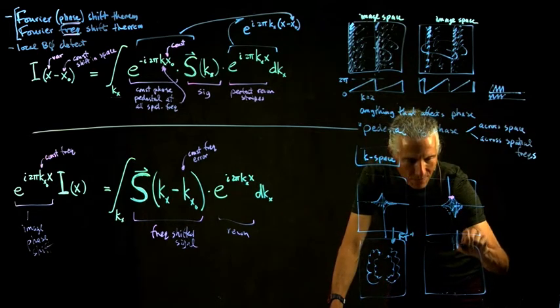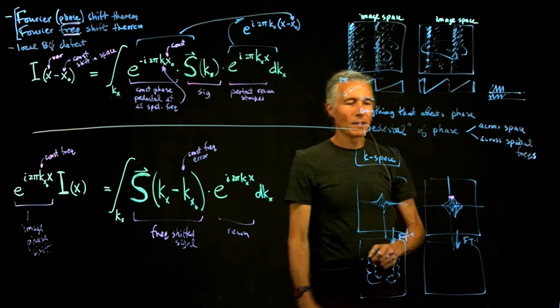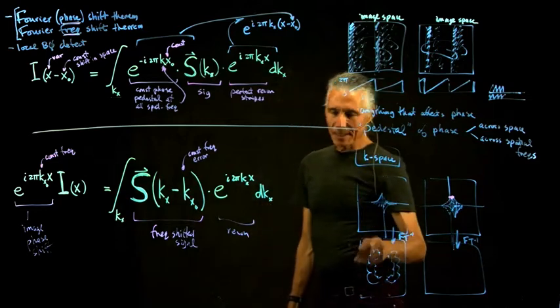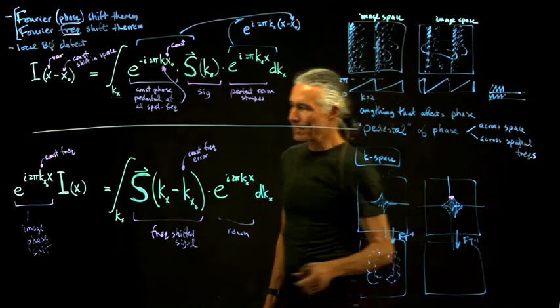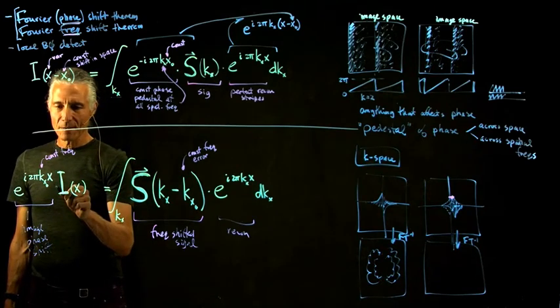So when we do our inverse Fourier transform, what happens to this one? It looks exactly the same. You can't see a difference because if you just look at the amplitude image, remember it's just affecting the phase. It's just affecting the phase.